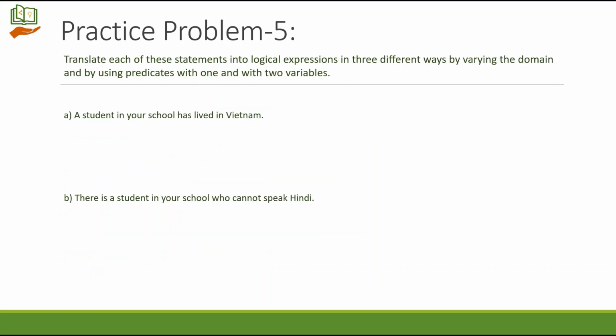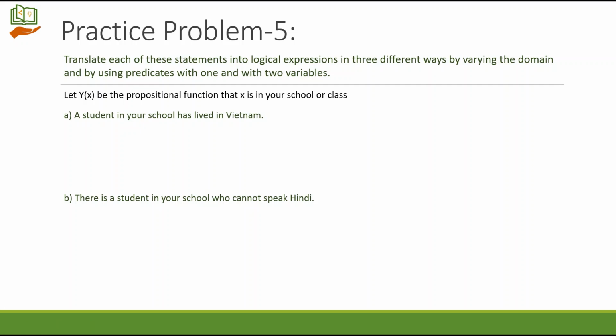Next problem. Translate each of these statements into logical expressions in 3 different ways by varying the domain and by using predicates with 1 and with 2 variables. Just take a general domain. Let y of x be the propositional function that x is in your school or class.